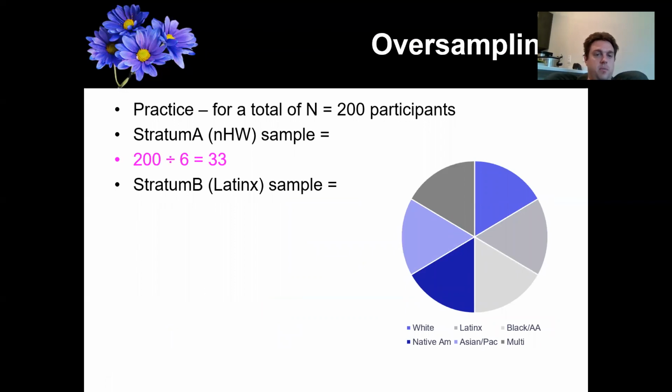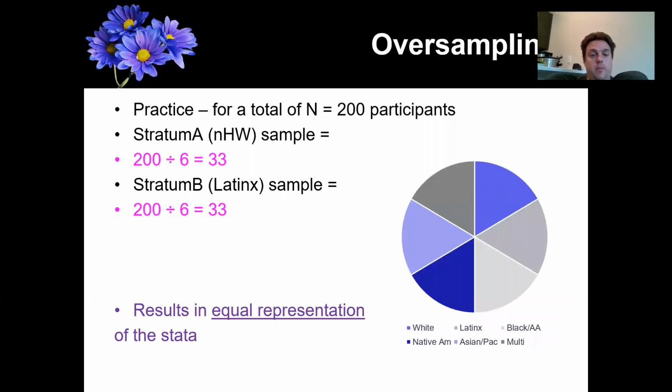Oh yeah, here's a better example. If I have 200 people, because I'm doing it equally, I'd divide that by the 6 different strata I have. So about 33 people would be white, 33 Latinx, and so on and so forth. For all the different ethnicities, they're each going to have the same number because, again, it's not representative.